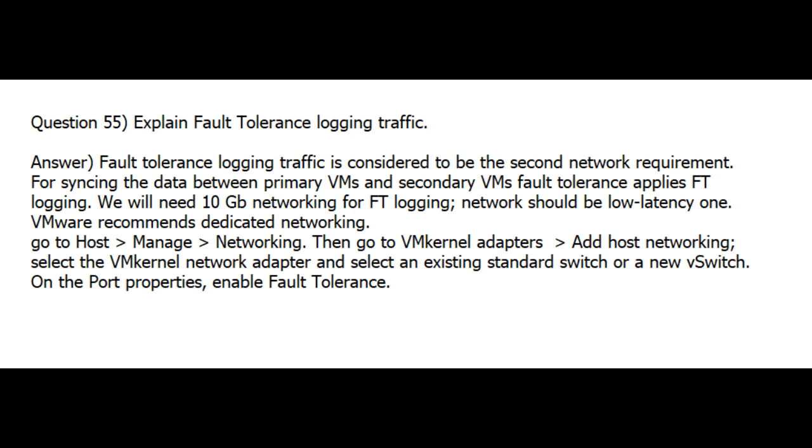VMware recommends dedicated networking. Go to Host, go to Manage, go to Networking. Then go to VMkernel adapters, go to Add Host Networking, select the VMkernel network adapter and select an existing standard switch or a new vSwitch. On the port properties, enable fault tolerance.